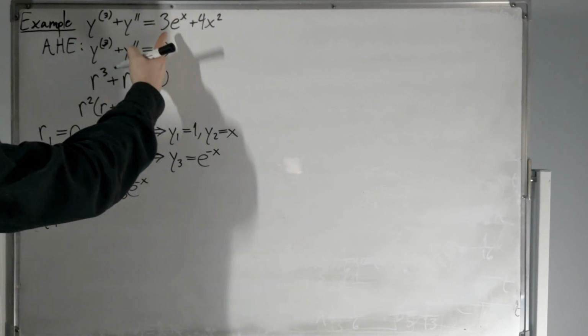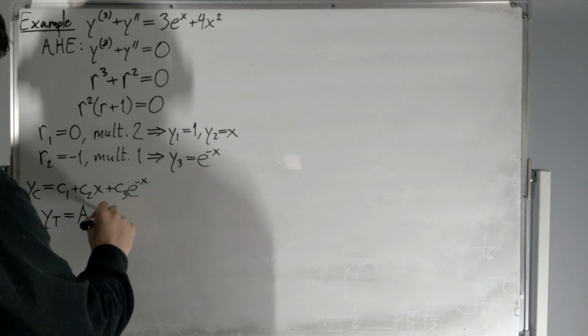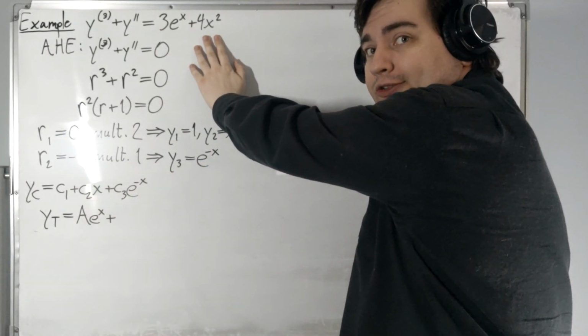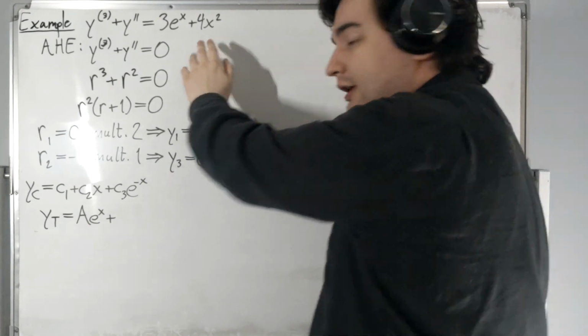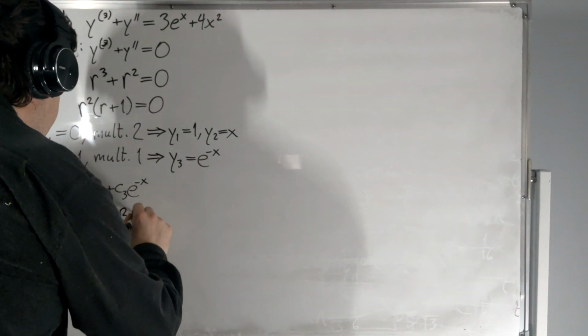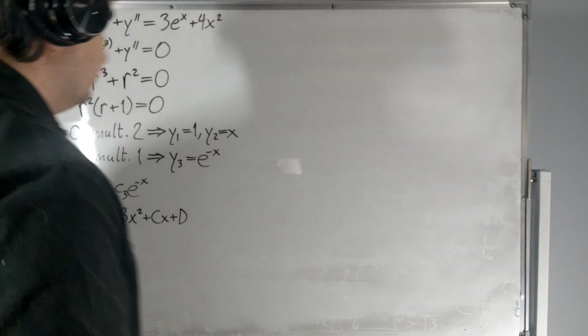Based on the inhomogeneous term here, the guess should be a e to the x plus, okay, we have a second degree polynomial, so our guess should also be a second degree polynomial. Therefore, it should look like bx squared plus cx plus d.